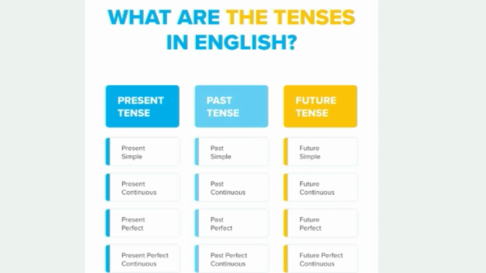If you go to past: past simple tense, past continuous tense, past perfect tense, past perfect continuous tense. Future: future simple tense, future continuous tense, future perfect tense, future perfect continuous tense. These are the 12 tenses.